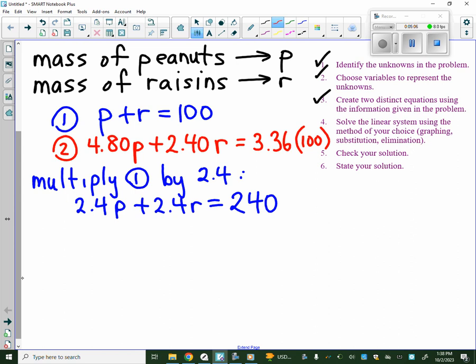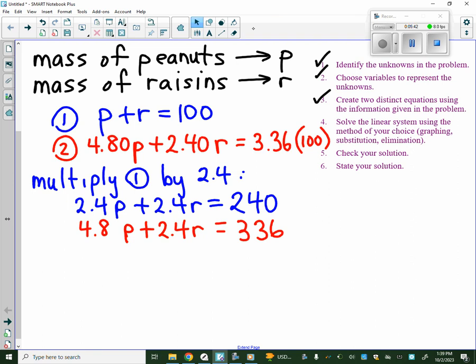So it's still 4.8p plus 2.4r, which I'm going to refer to this way to make looking at the numbers a little bit easier, equals, and I'm going to do this multiplying, 336, right? 3.36 times 100 is 336.